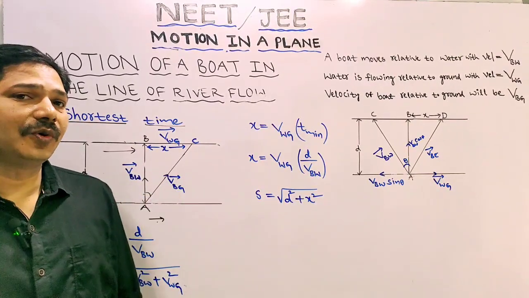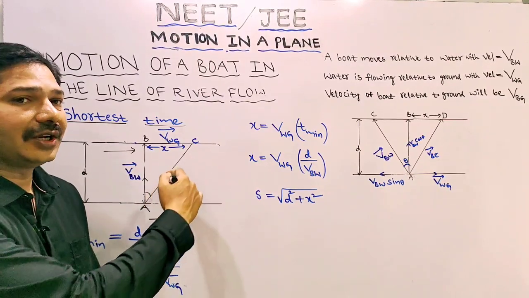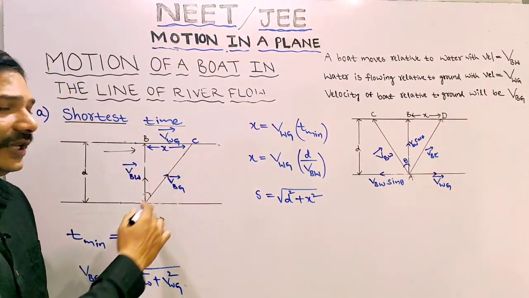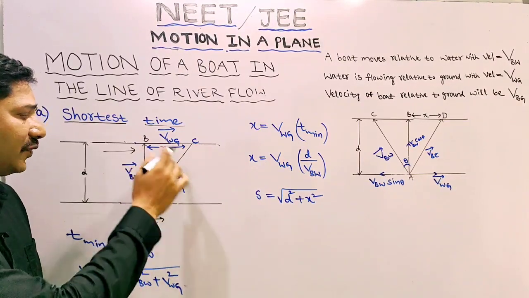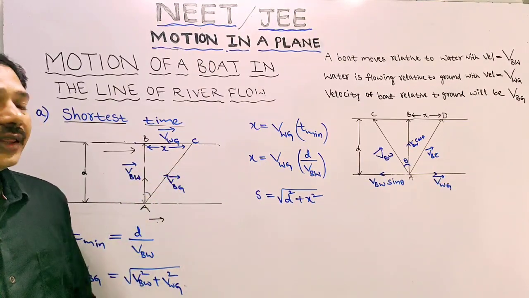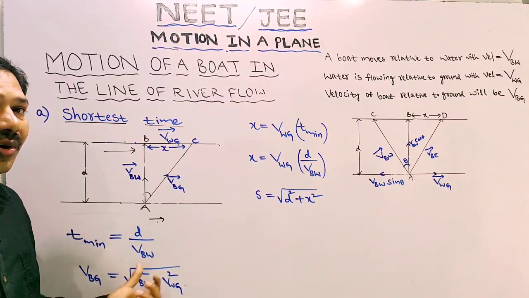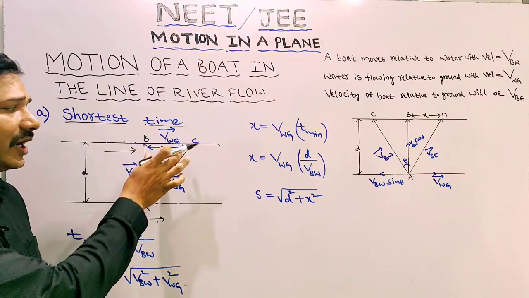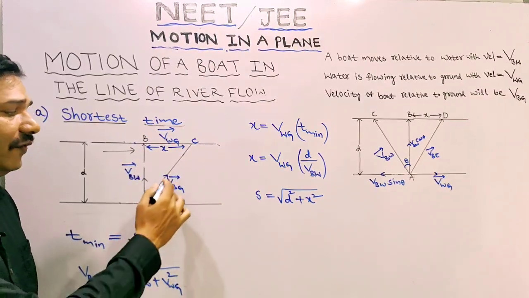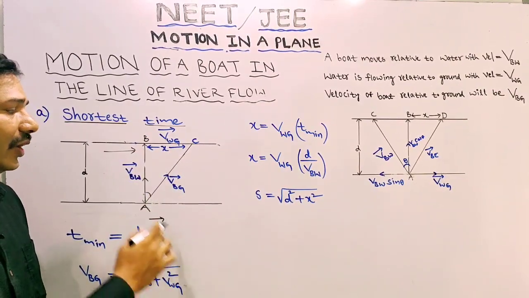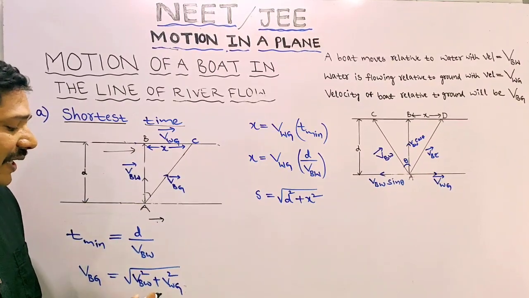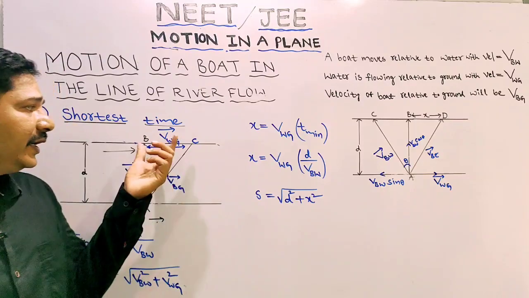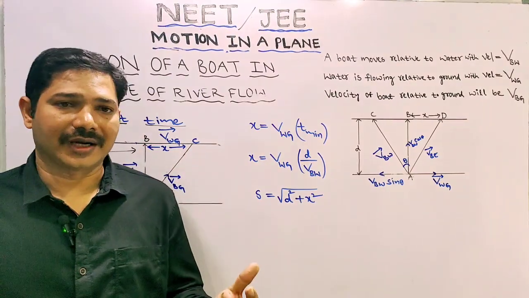Actually the boat is moving, so with respect to the ground it is in the direction A to C. So AC from this triangle is the hypotenuse, equal to under root of adjacent whole square plus opposite whole square. So V_BG equals under root V_BW square plus V_WG square. Here we need the drift, how much drift it traveled.